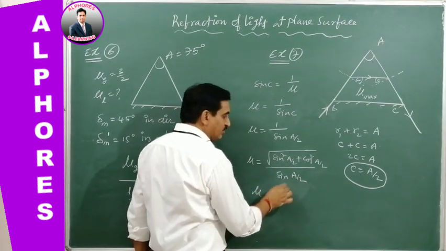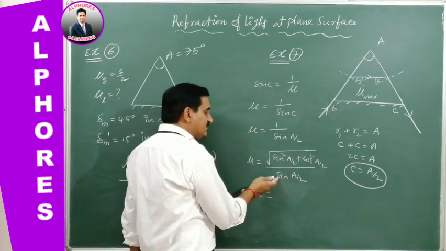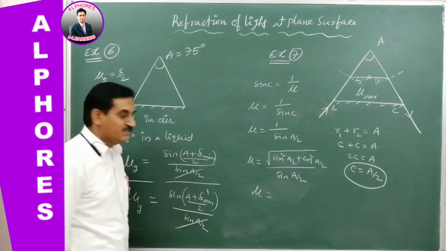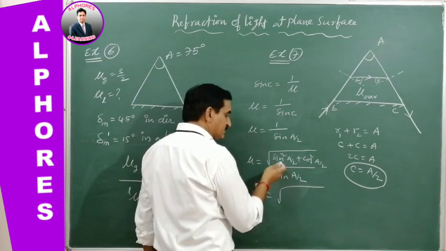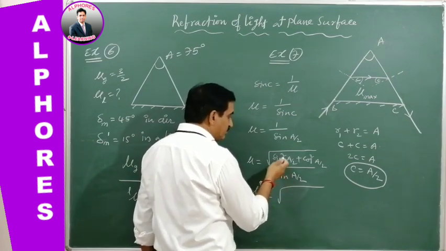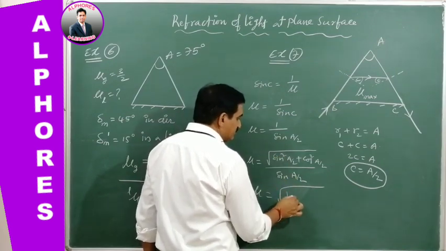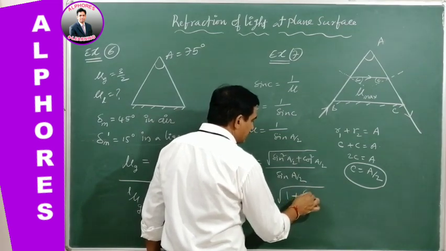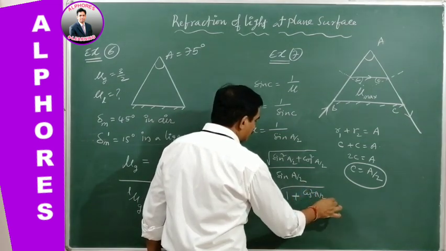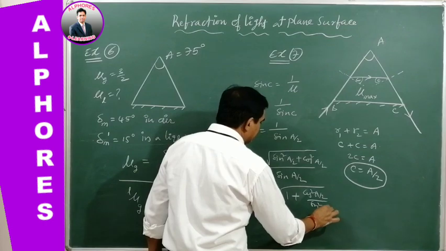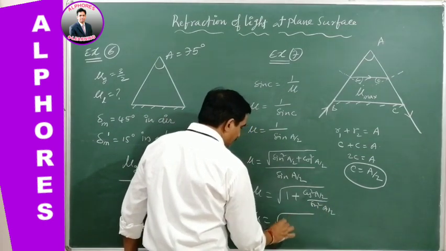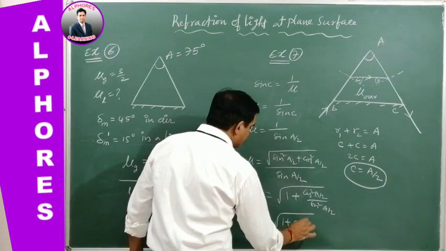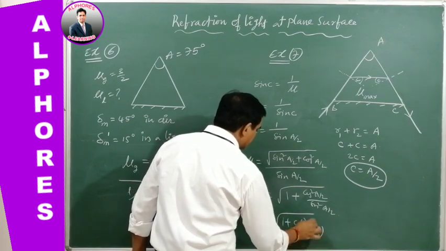So mu is equal to, after simplifying this, taking this value into the square root, you will get root over, sin square A by 2 taken inside. So it becomes 1, and this is cos square A by 2 by sin square A by 2, which gives us mu is equal to root over 1 plus cot square A by 2.